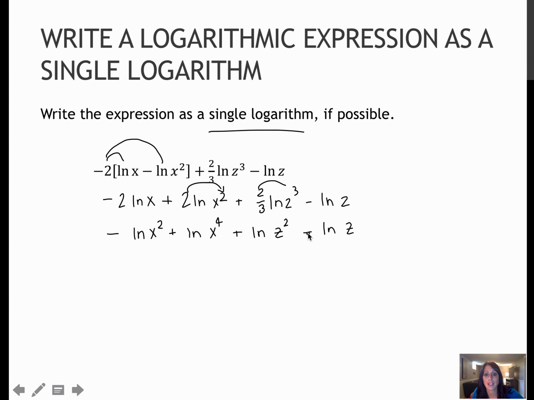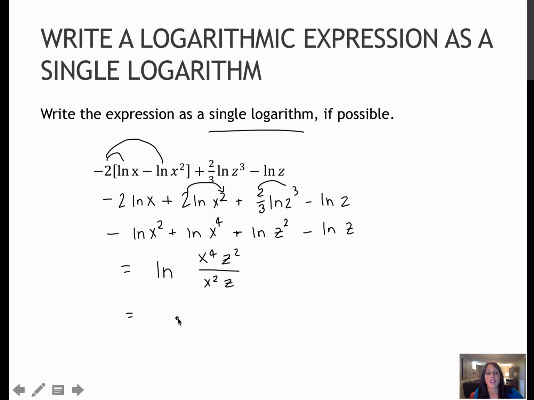Anything that has a minus, we know that tells us it goes on the denominator. Anything that has a plus goes on the numerator. So my single logarithm would be the natural log. In the denominator, I have x squared. In the numerator, I have x to the 4th. In the numerator, I have z squared. And in the denominator, I have z to the 1st.